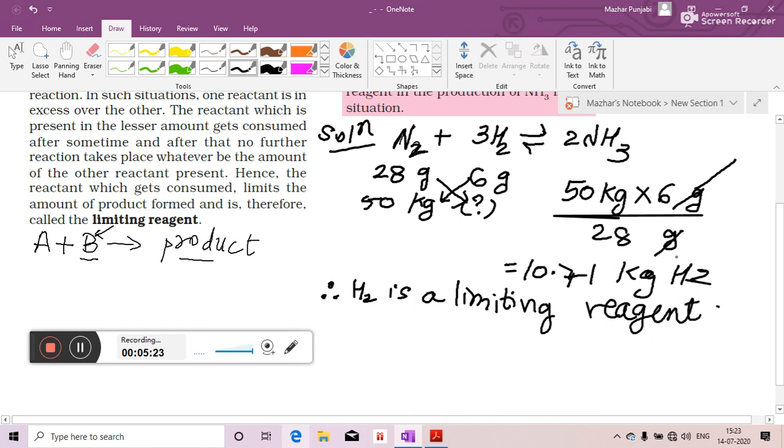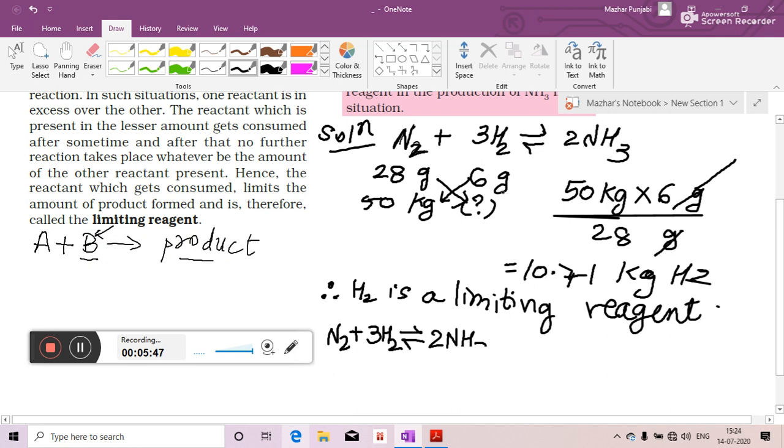Now we have to find out the amount of ammonia formed. The amount of ammonia formed will depend upon limiting reagent. That means on hydrogen. So again we will write down the equation N2 plus 3H2 reversibly gives 2NH3.